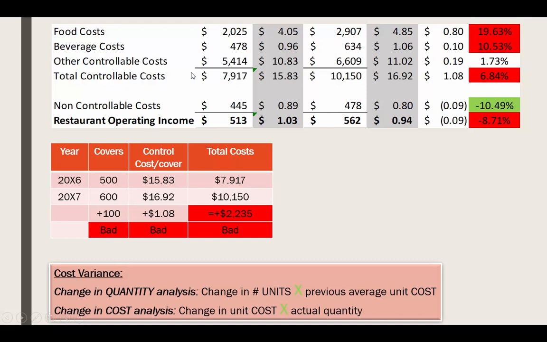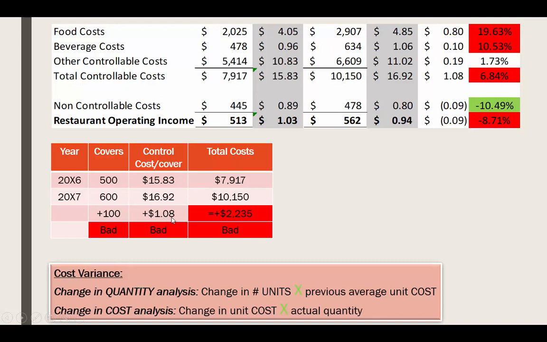My controllable costs, so total controllable costs per guest, went up from $15.83 to $16.92. So I'd find out the difference, and I went up by $1.08 here. So this is bad, right? This should stay fairly constant. If it's a variable cost, it should be going up at closely the same relative amount per cover as the revenues.